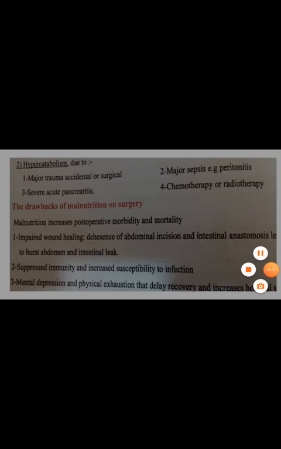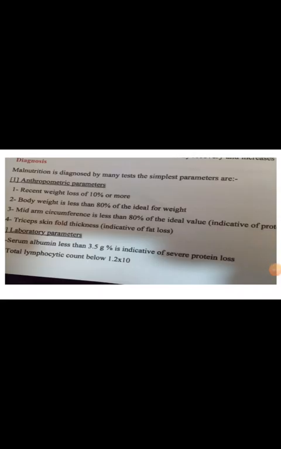How to assess malnutrition in the surgical patient pre-operatively to avoid post-operative complications? There are anthropometric measurements for assessment of malnutrition in the surgical patient. First is recent weight loss. Recent weight loss of more than 10% of the weight of the patient indicates malnutrition, specifically weight loss in the last 3 months.